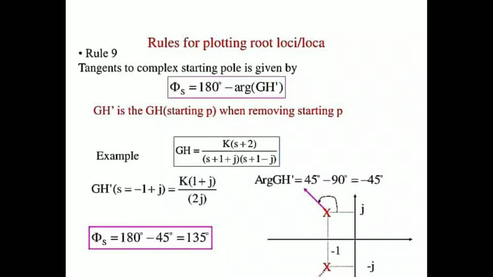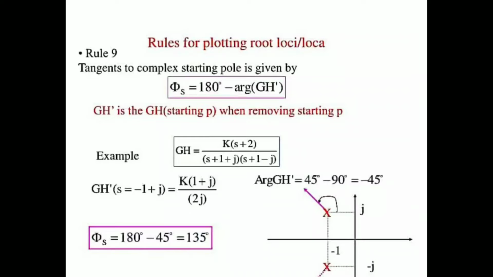Let's take another example, k into s plus 2 divided by the complex poles s plus 1 plus j, s plus 1 minus j. There are two complex poles. So there are two angles of departure, positive or negative, because this is a complex conjugate pair. First of all we consider the first pole, minus 1 plus j.